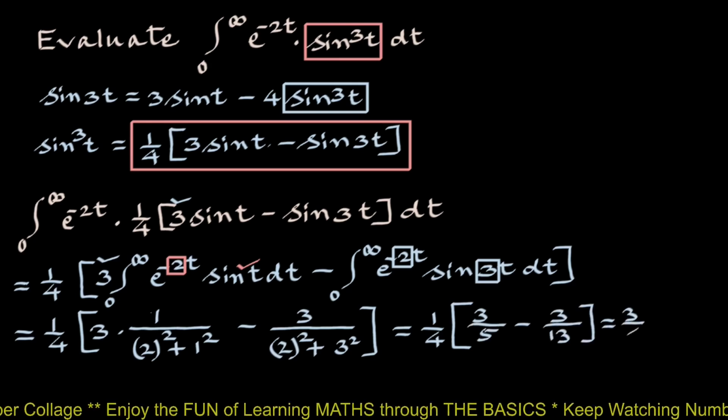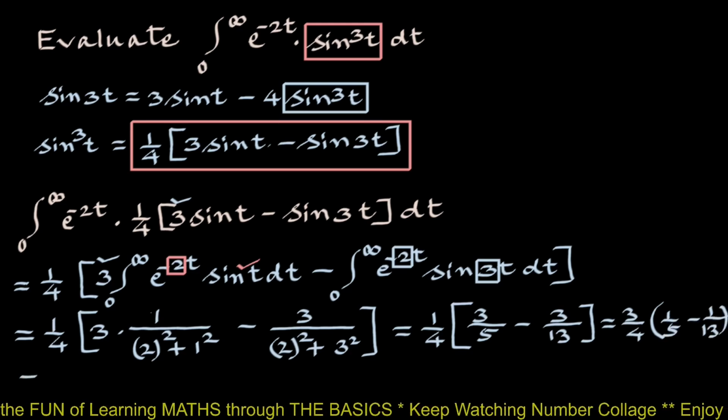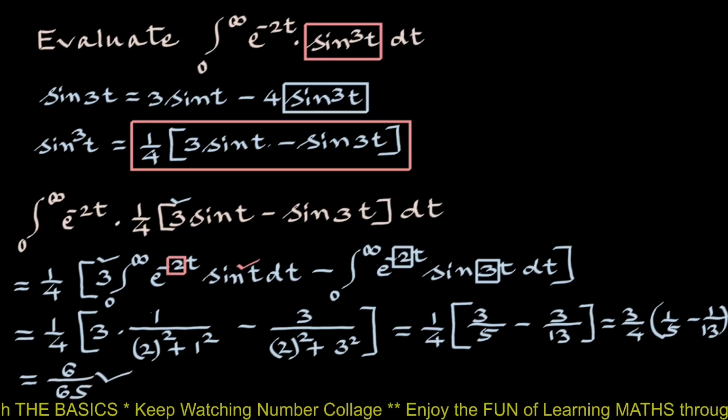That is 3 upon 4 into 1 upon 5 minus 1 upon 13, which works out to be 6 upon 65.